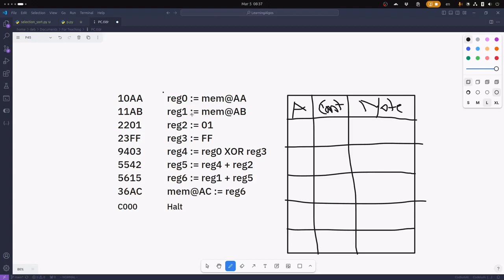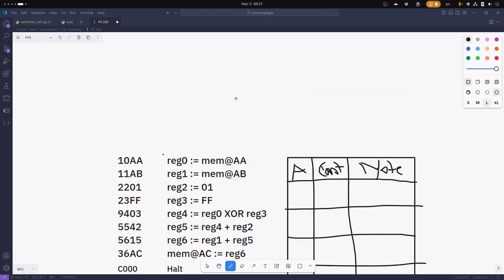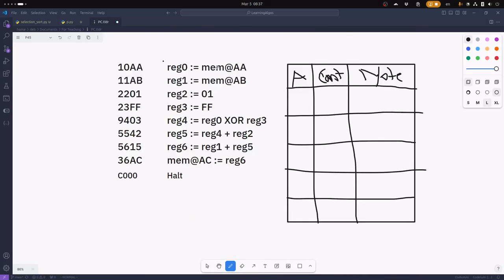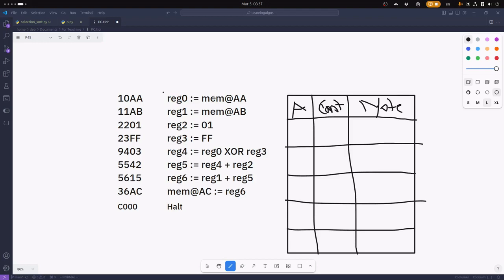And we know that to flip the value of memory address AA, we need 1 for adding after flipping the values, and we also need 8 ones, since every memory cell can hold 8 bits of data.